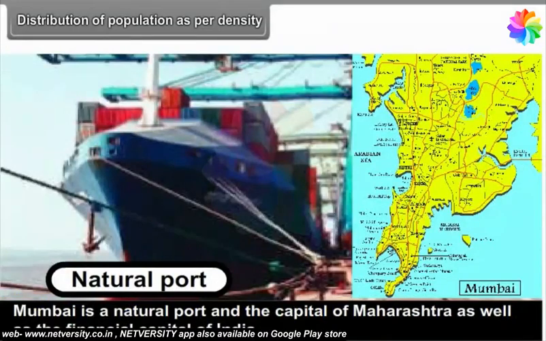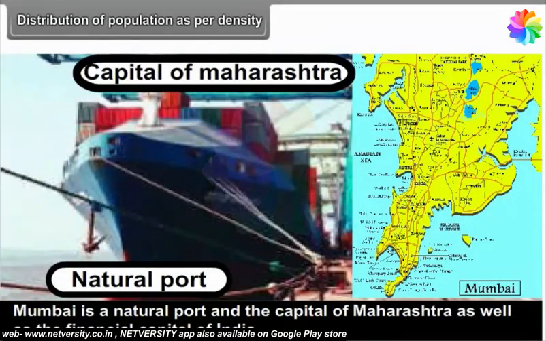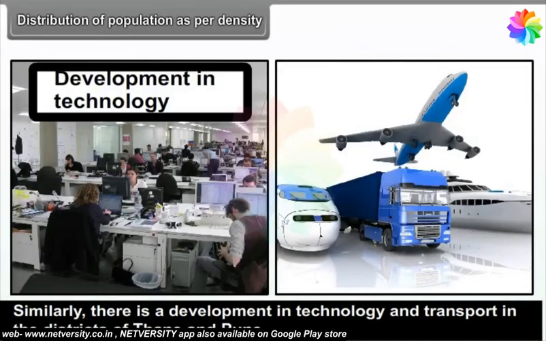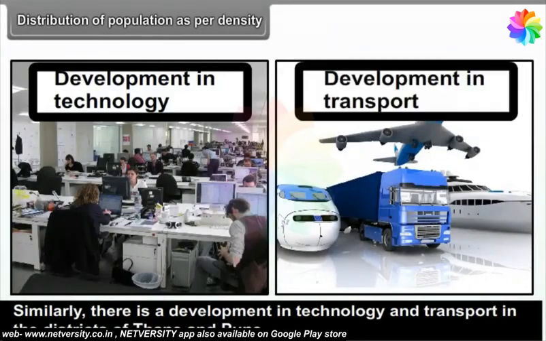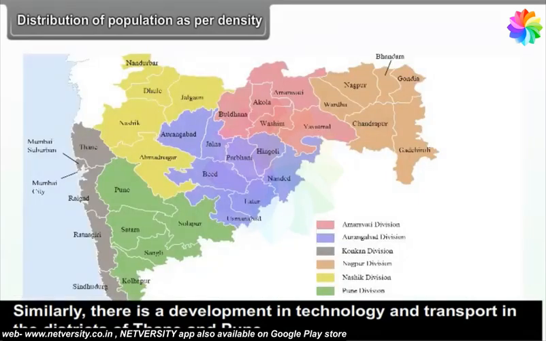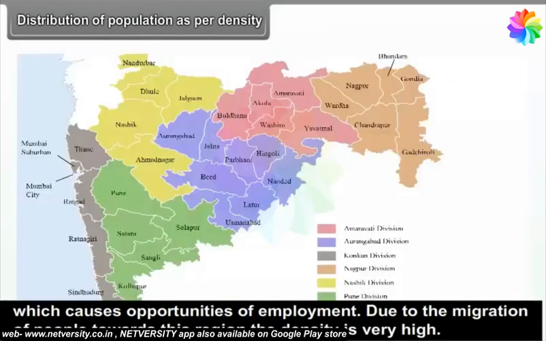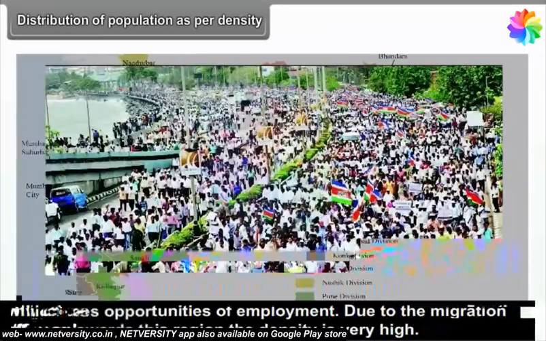Mumbai is a natural port and the capital of Maharashtra, as well as the financial capital of India. Similarly, there is a development in technology and transport in the districts of Thane and Pune, which causes opportunities of employment. Due to the migration of people towards this region, the density is very high.